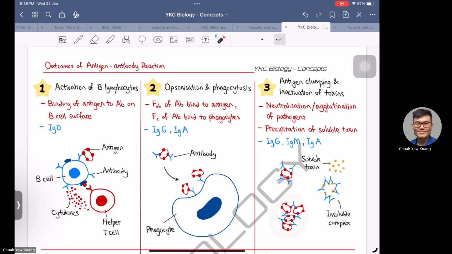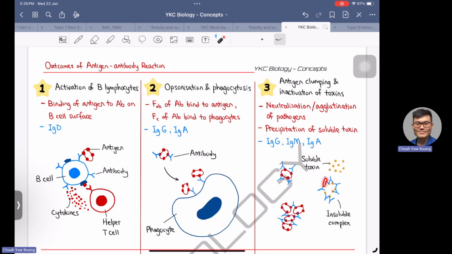Lastly, precipitation. Precipitation is normally for those soluble toxins that are very hard to be cleaned up by phagocytosis. They will be bound by the antibody.